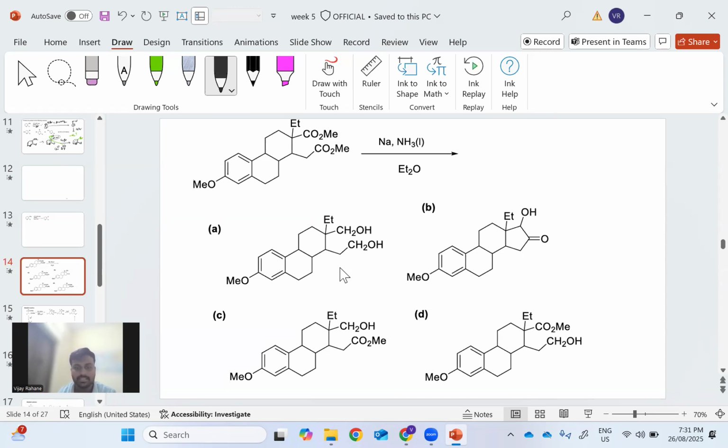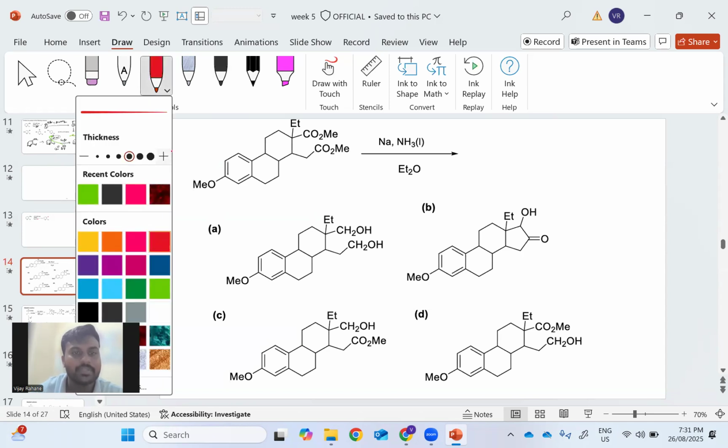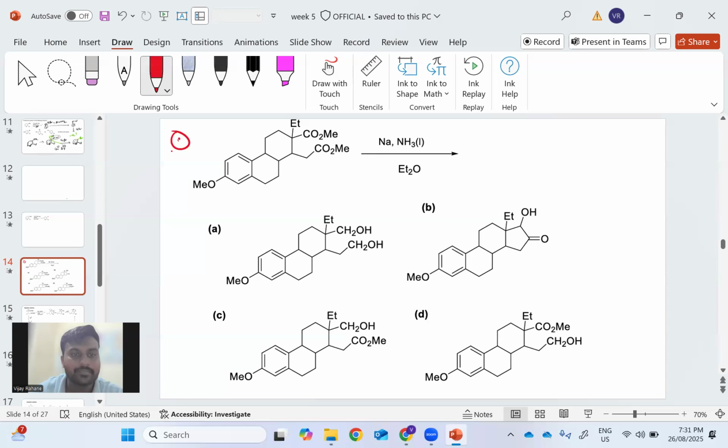In this case, there is some selectivity involved. Here you can clearly see we have an aromatic system, and the Birch reduction can go there also.